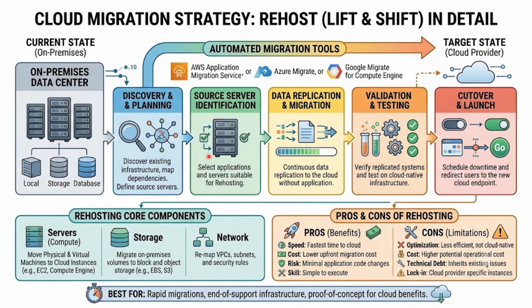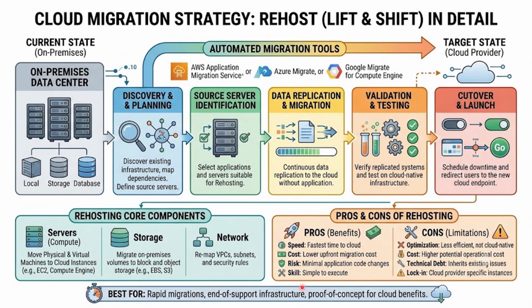So now if we talk about the summary, the lift and shift strategy is not an optimization strategy. It is the best choice for rapid data center migration, where you are forced by lease expiration or some corporate acquisition.